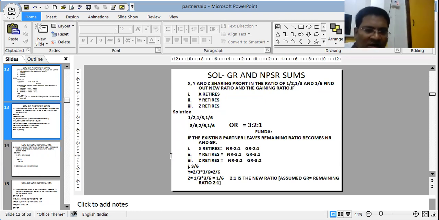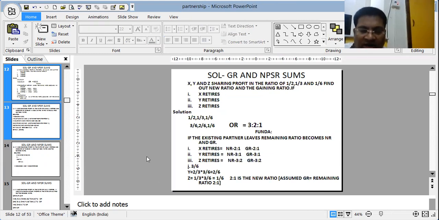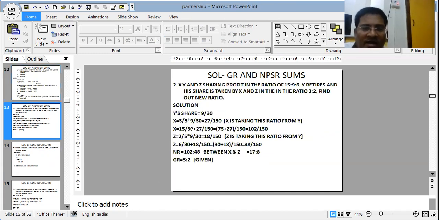So 3/6 of the cake increases, which is taken away by the others. Now the 9/30 portion which Y was getting will be taken by X and Z in the ratio 3:2. In simple language, suppose he was getting 50,000. Now that 50,000 he will not get. Who will get this 50,000? They have agreed that they will take his share of 50,000 in the ratio 3:2.